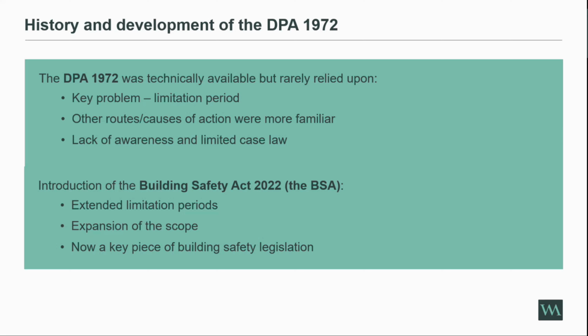We like to know what we can do and what the outcome is likely to be. And therefore, something like this, an act which was legally underdeveloped, is generally avoided. So it became a bit of a niche last resort mechanism, really.